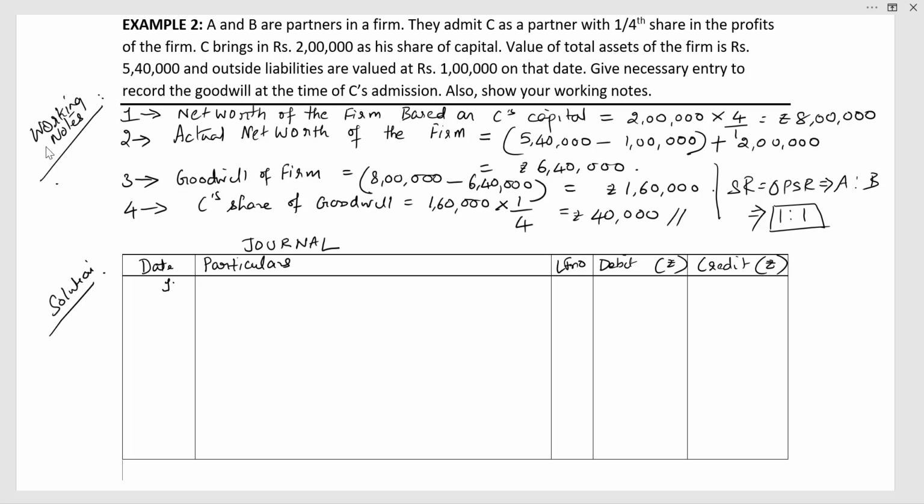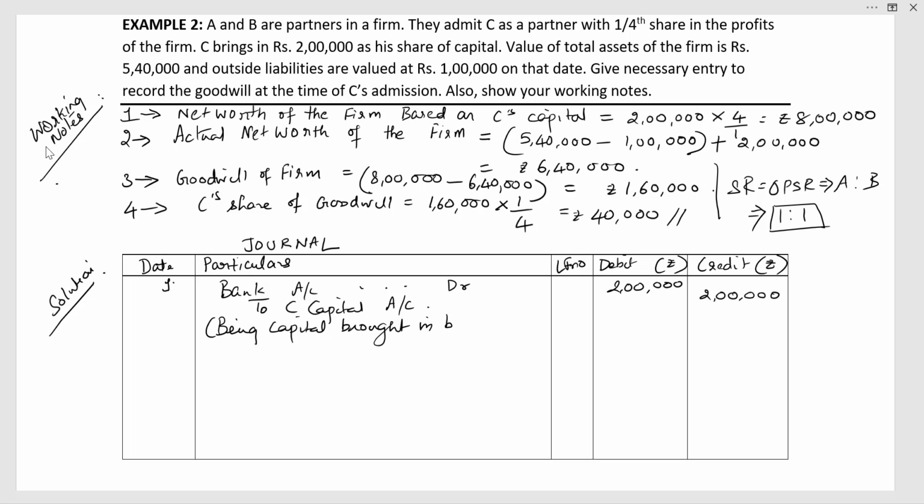The first journal entry is for the capital, which is brought in by C. Bank account, debit to C capital account. Rupees 2 lakh is the capital which is brought in by partner C. Narration being capital brought in by partner C.